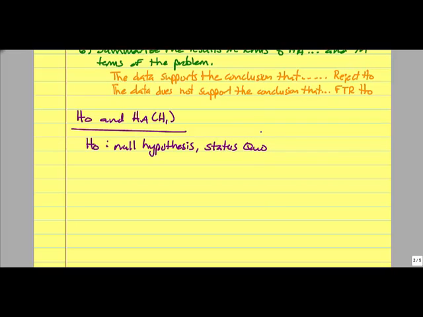Okay, now when we state H0, it's always in terms of a parameter equal to some value. And now the value that I'm talking about is a number. Okay? So we're looking for a specific number.